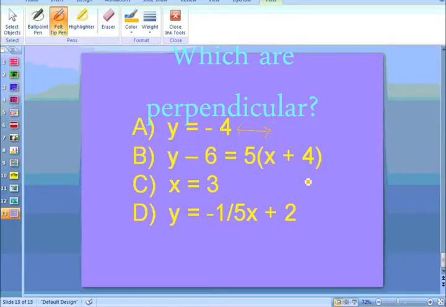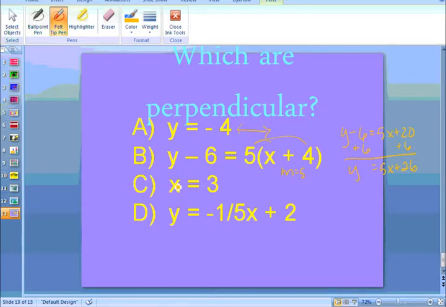Y minus 6, so let's distribute this. So I've got y minus 6 equals 5x plus 20. I need to add 6 to both sides. So y equals 5x plus 26. So my slope here is 5.